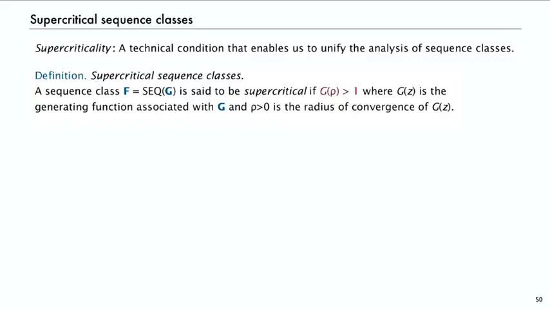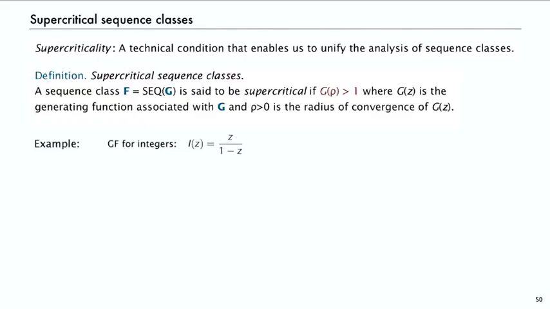And the thing is, if you evaluate the function at its radius of convergence and it's bigger than 1, then we're going to say that the sequence class is supercritical. And that's the condition that we need in order to be able to unify the analysis.